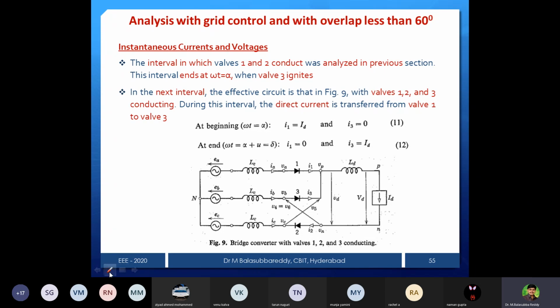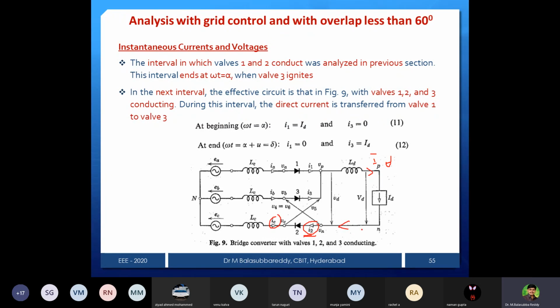If valves 1 2 3 are conducting, now we can see the current. I1 current plus I3 current gives the ID current. Total ID is nothing but I1 plus I3, which goes as the ID current. So that ID current is nothing but minus I2 current. Let it be the same direction, IC.